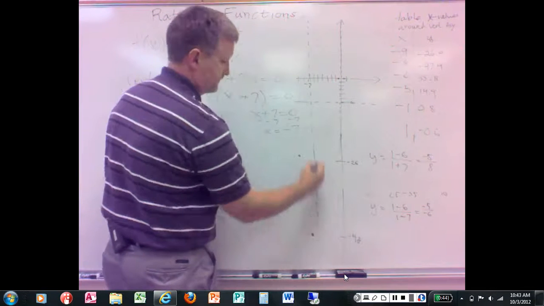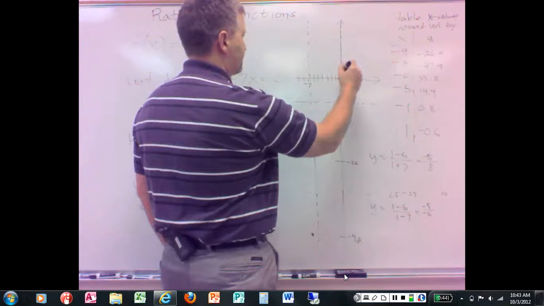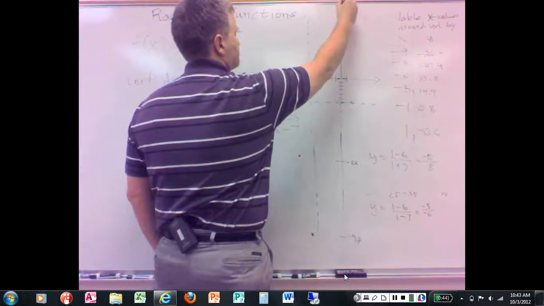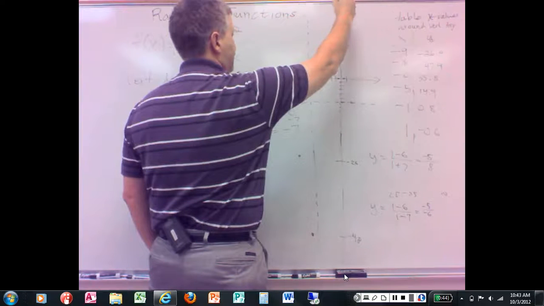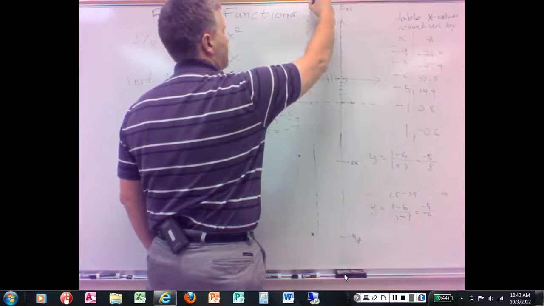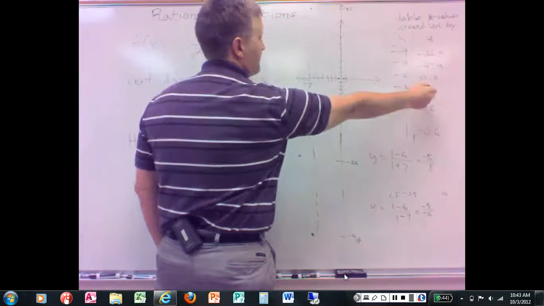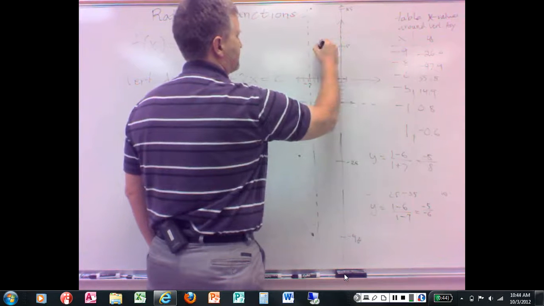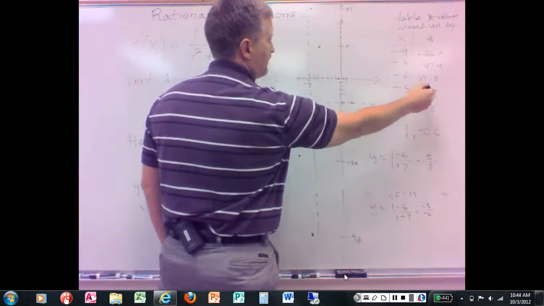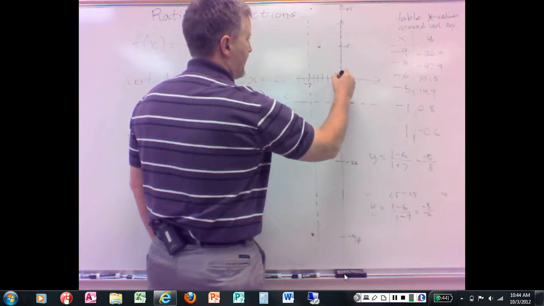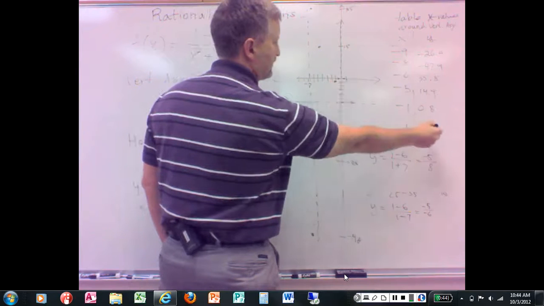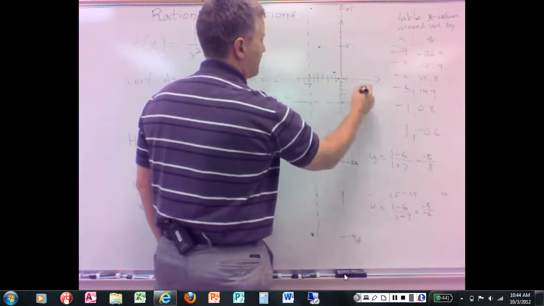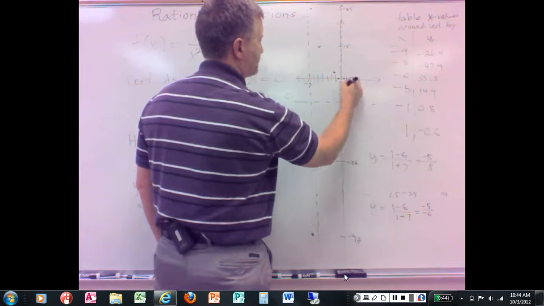At negative 6, I'm at positive 35.8. So this side, a little bit over there. And at negative 5, I'm at 14.9. Let's say that's right about there. At negative 1, I'm at 0.8, right there. And then at 1, I'm at negative 0.6, right there.